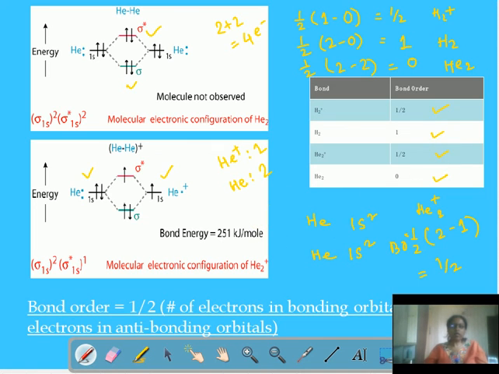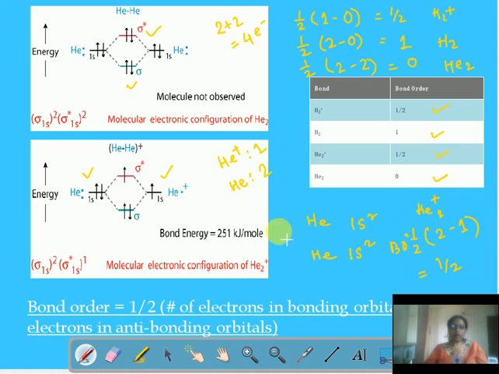So from here you can also tell that He2 does not exist, which was a drawback of valence bond theory. In molecular orbital theory you can say that there is no bond formation as the bond order is 0. So He2 does not exist.